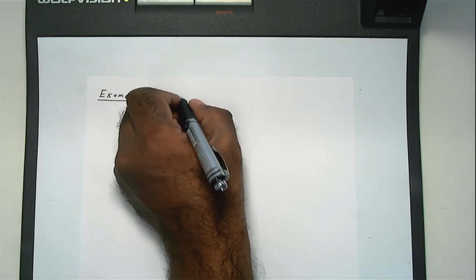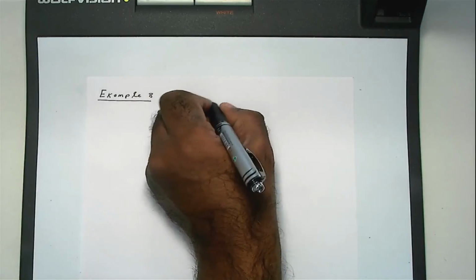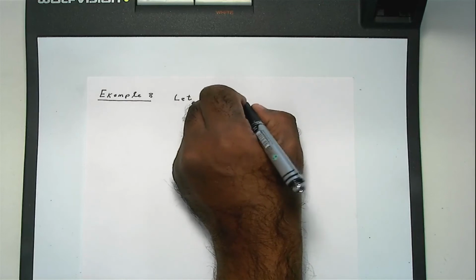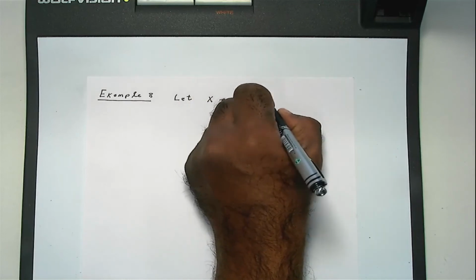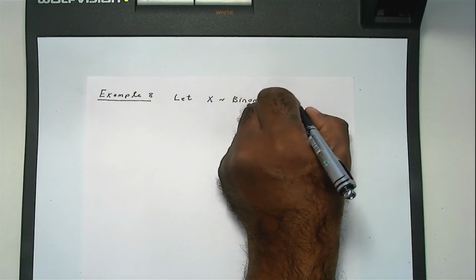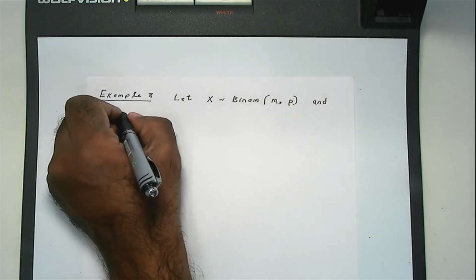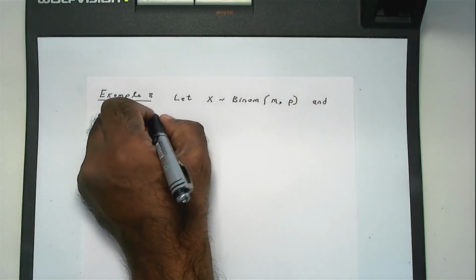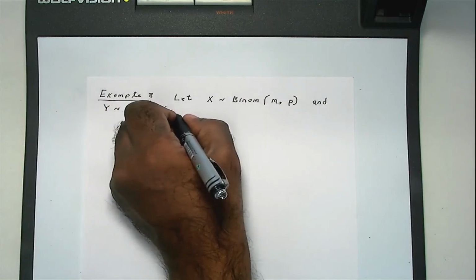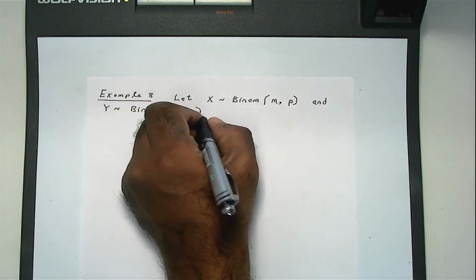Now example 8 is slightly different. Suppose you have 2 independent binomial random variables, the one with parameters m and p, the other one with parameters n and p.